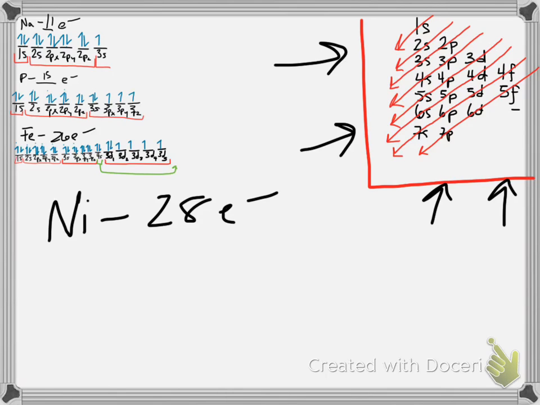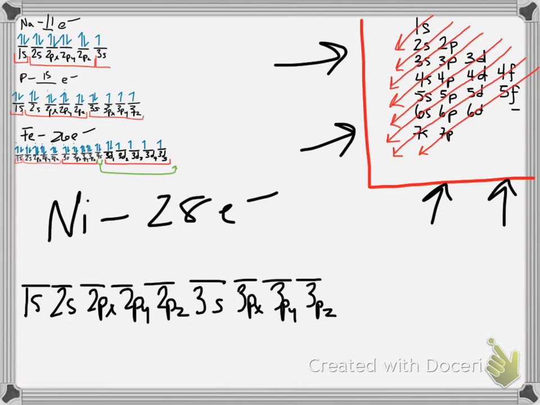So I'm going to go ahead and write out all the orbitals up to the 3d subshell. Be really careful after 3p, because what fills after 3p? 4s. Then the 3ds.